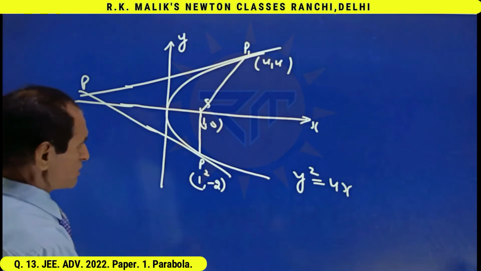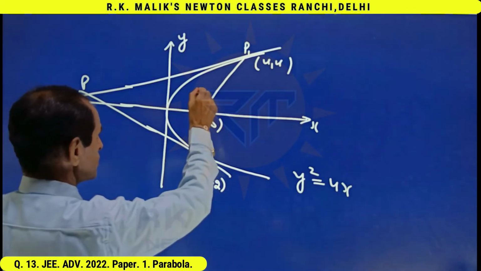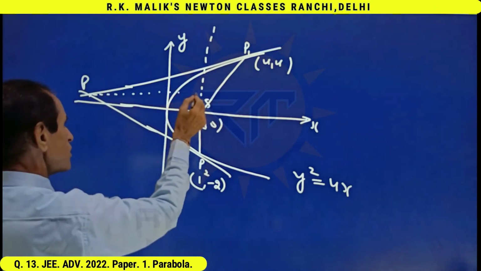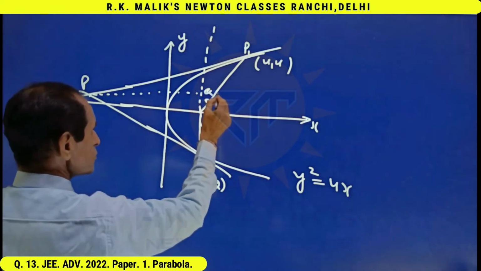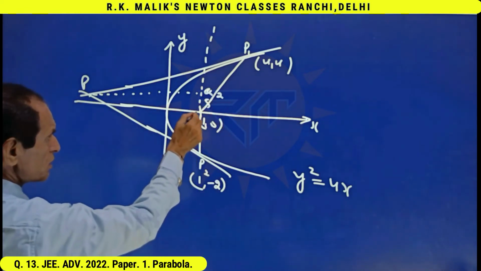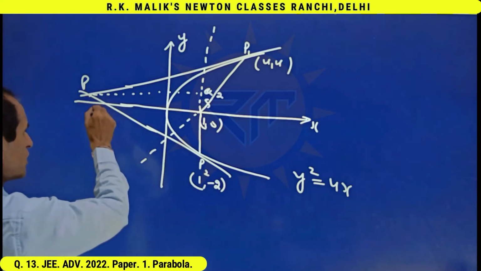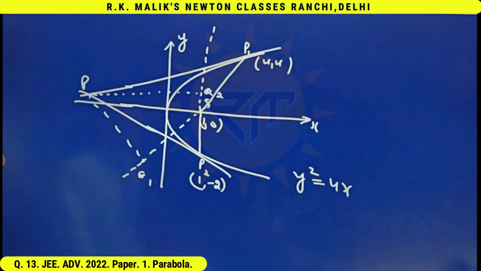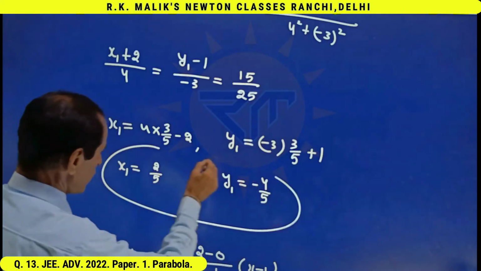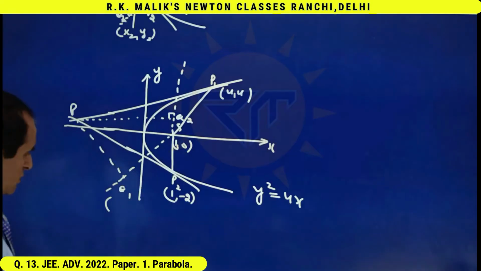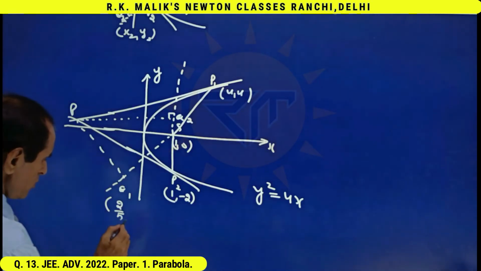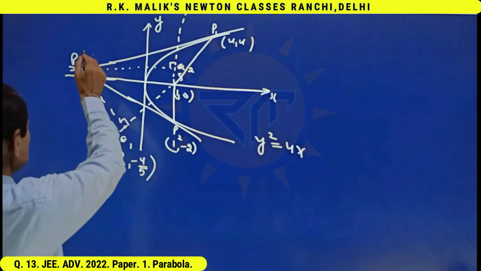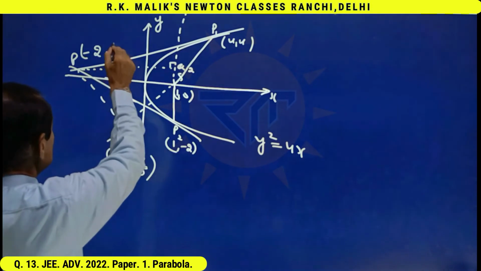And now it is clear that this point will become Q2 and this point will become Q1, and the coordinates of Q1 we have already found: this point is (2/5, -4/5), and this point is (-2, 1).